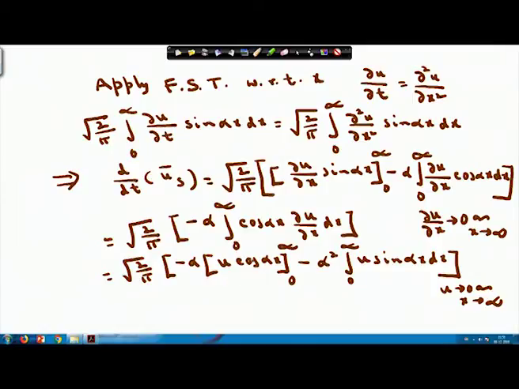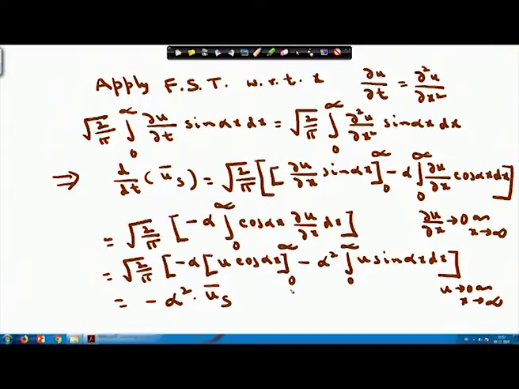Therefore, this part will be 0, and so this becomes minus alpha square into this, which is nothing but u bar, root over 2 by pi, integral 0 to infinity u sine of alpha x dx, which is nothing but u bar s. So, this you are obtaining.